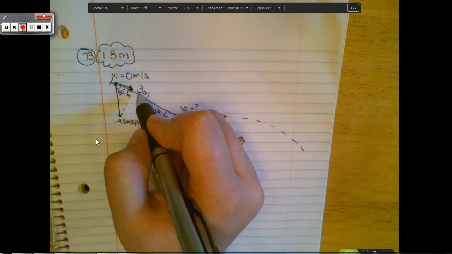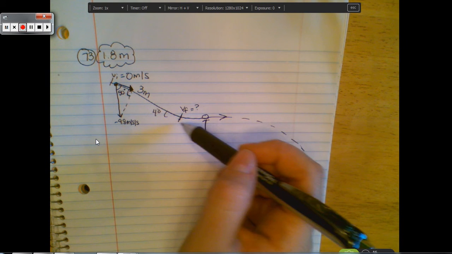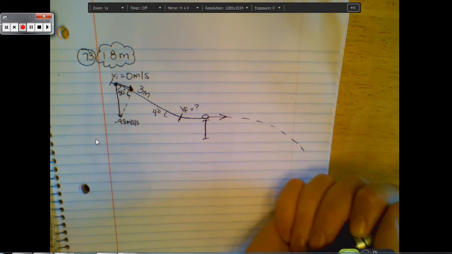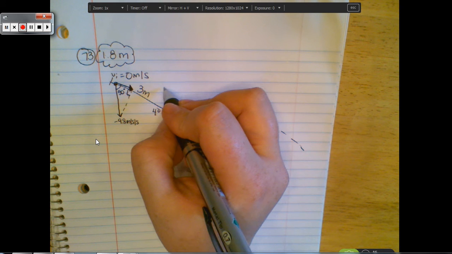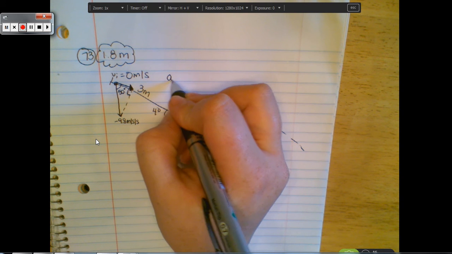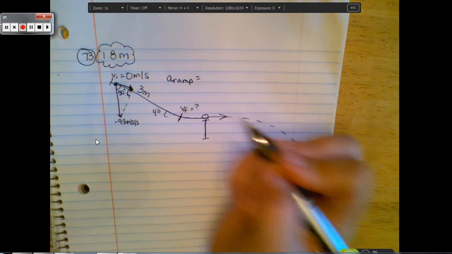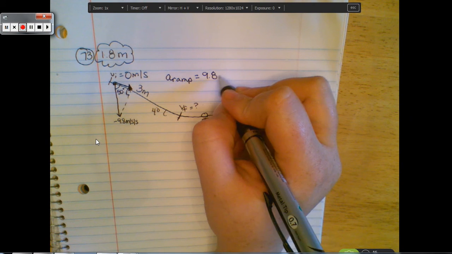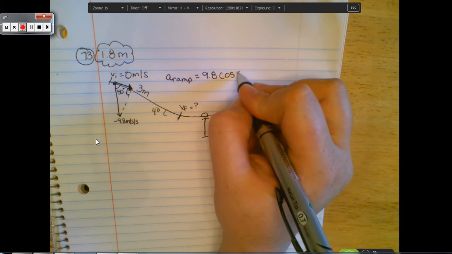Now this is going down the ramp, but if we're looking at this as a linear problem, I want this acceleration positive. So I'm just going to ignore this negative right here. So we're going to say my acceleration down the ramp equals my hypotenuse 9.8 times the cosine of 50 degrees.